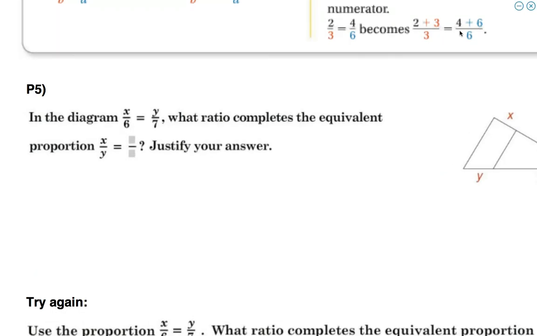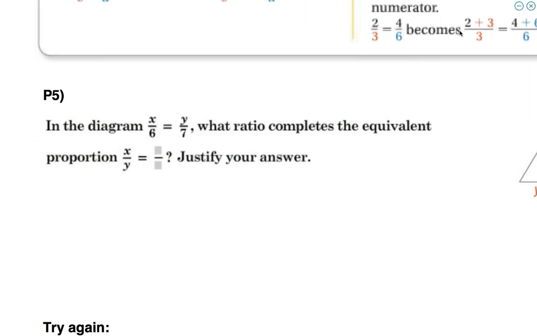All right, so we want to use that idea in order to write equivalent proportions. So in the diagram, x over 6 equals y over 7. So now if we look down here, x is now over y. So that means right here, we're going to put 6 over 7.